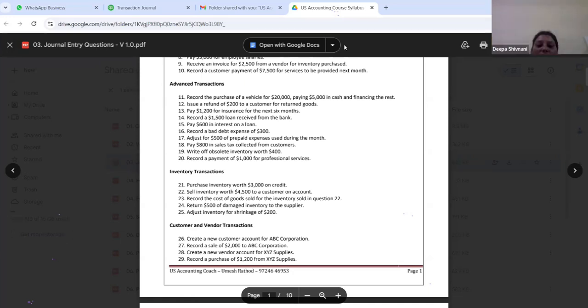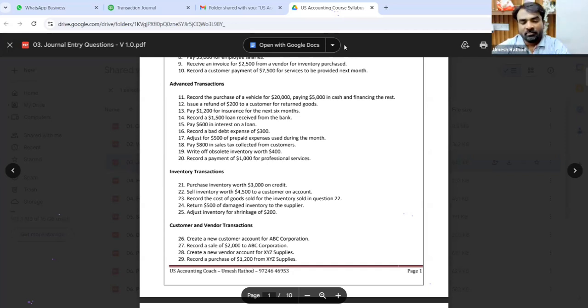Then record the cost of goods sold for the inventory sold in number 22.